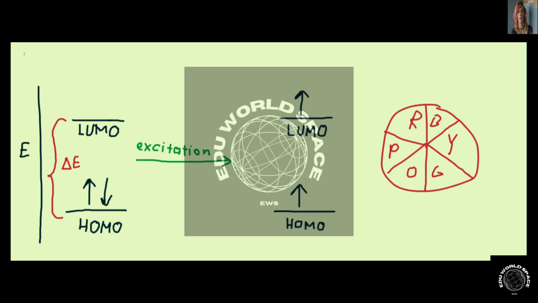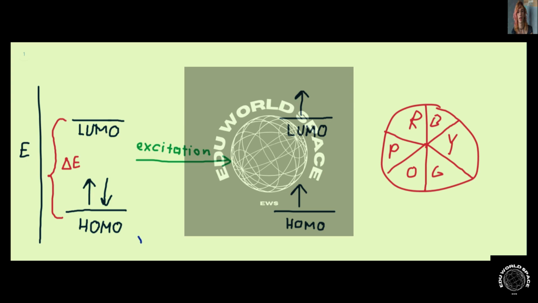A sample that looks white is going to reflect all the wavelengths of light, not absorbing any light in the visible spectrum. So that means you have a very large gap between your HOMO and your LUMO.